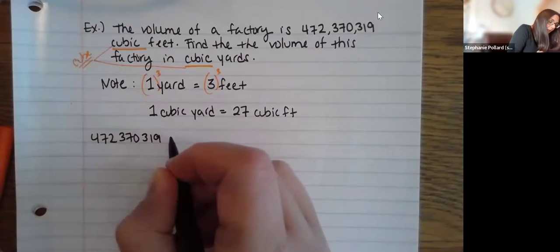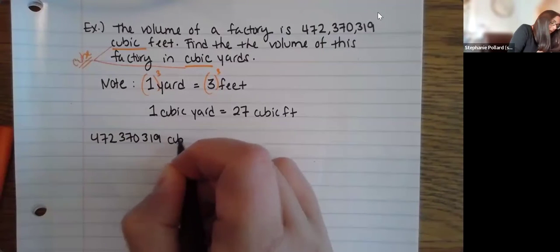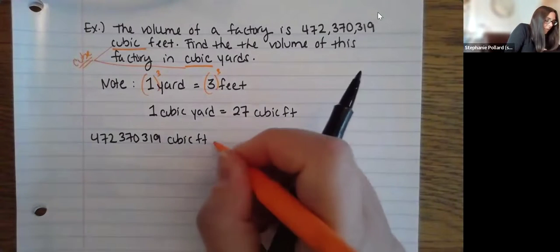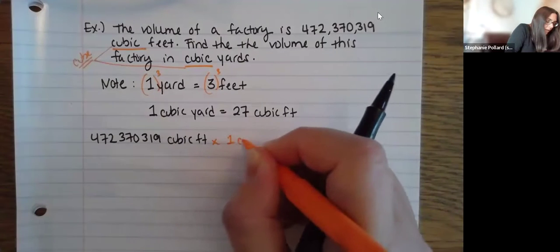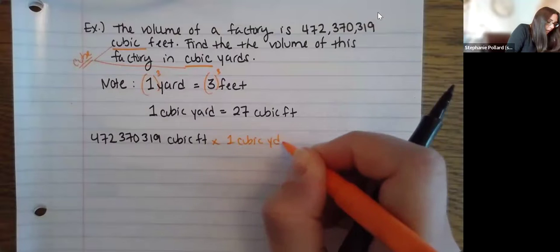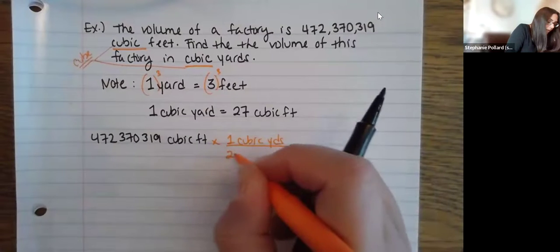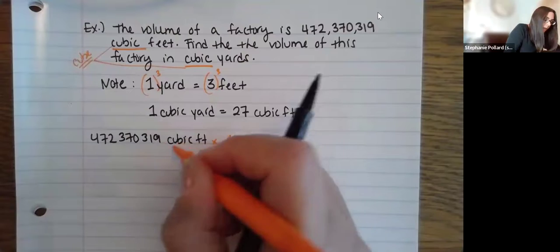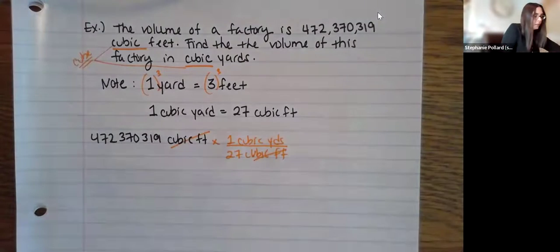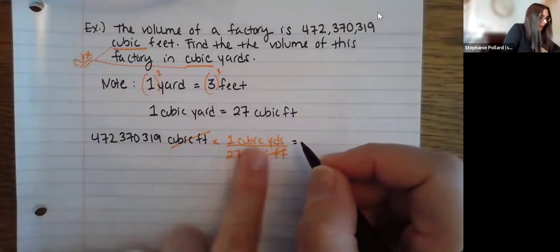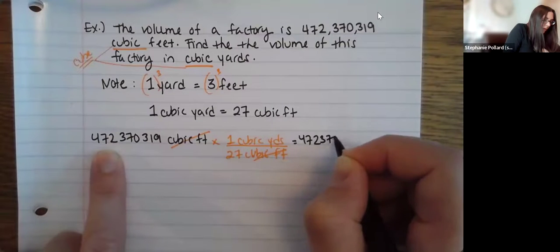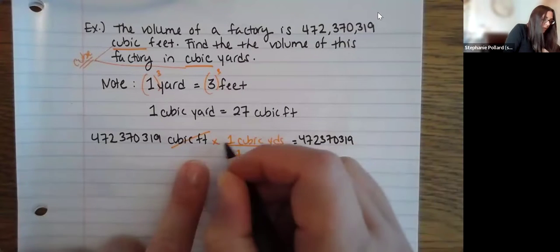All right, so I'm starting with this, 472,370,319, and that is in cubic feet. So I'm trying to go to cubic yards. So I'm going to put that cubic feet on the bottom. That will allow me to cancel out those units there. And then we're going to multiply straight across here. 472,370,319 times 1 doesn't change anything.